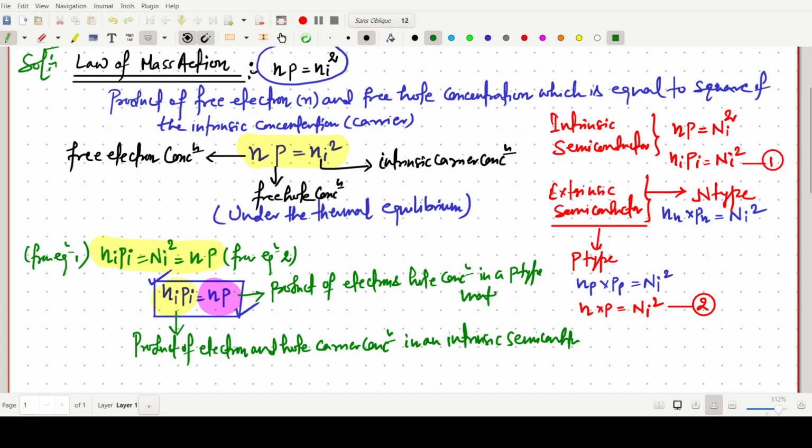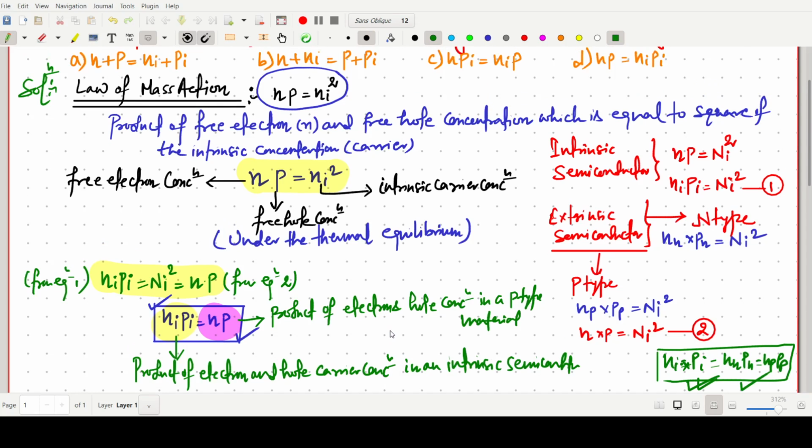So this product will always be the same in thermal equilibrium. For n-type it would be n of n, p of n, and for p-type n of p, p of p. So NiPi equals this one is very important.